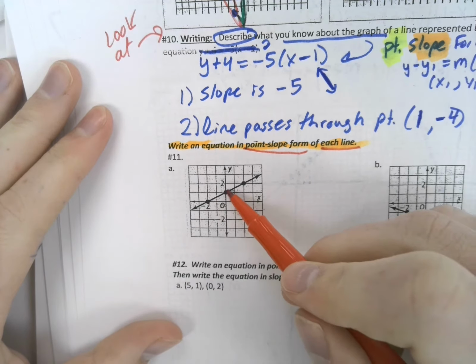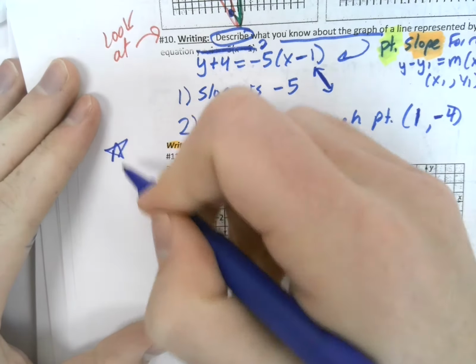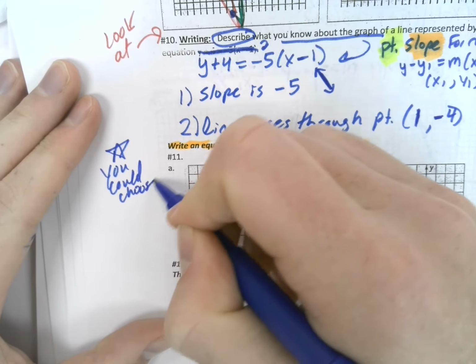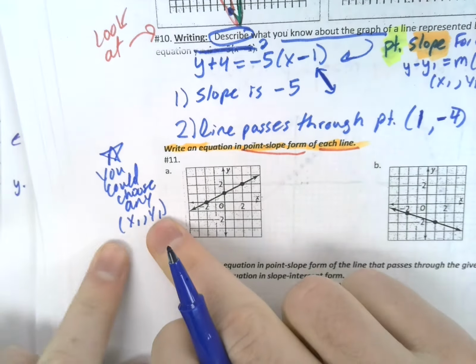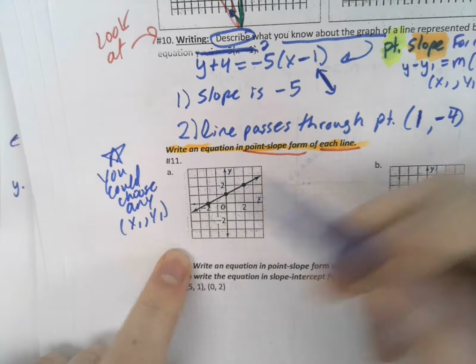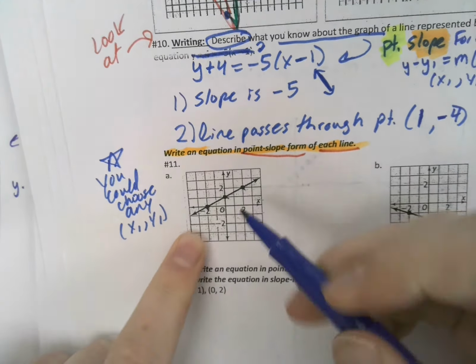We've got 3 points on our line. Take this into heart, guys. You could choose any x1, y1. You could choose any of these 3. You could go with this one, you could go with this one, or you go with that one. And I'm going to give you an example of each.